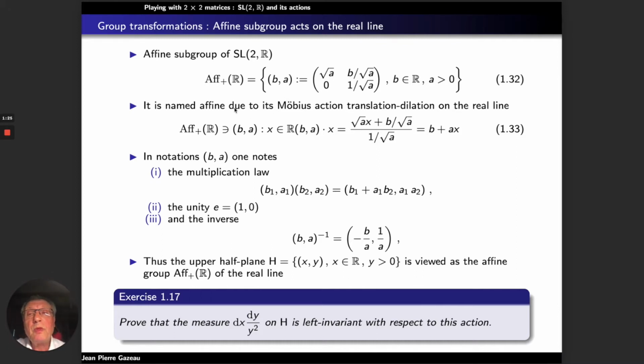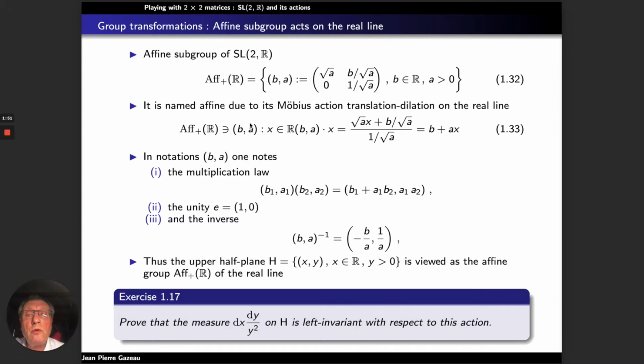This group, denoted by affine plus R, is named affine because of its Möbius action, which are translation dilation on the real line. Let's make explicit this action.